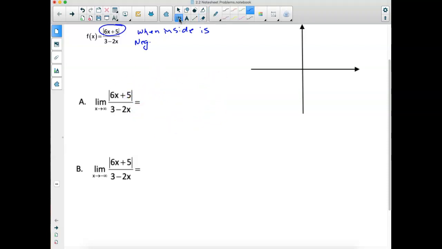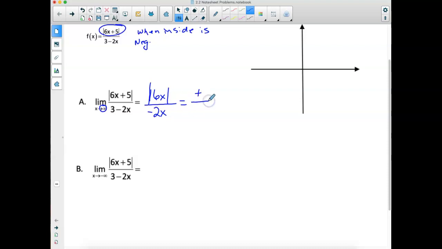And the power thing, really what I'm looking at is 6x over negative 2x, okay? Well, that looks like a 16, but that's an absolute value bar. Well, what I'm plugging in is a positive infinity, okay? So I know the numerator is always going to be positive because it's absolute value, so no matter what I put in, the numerator is going to be positive.